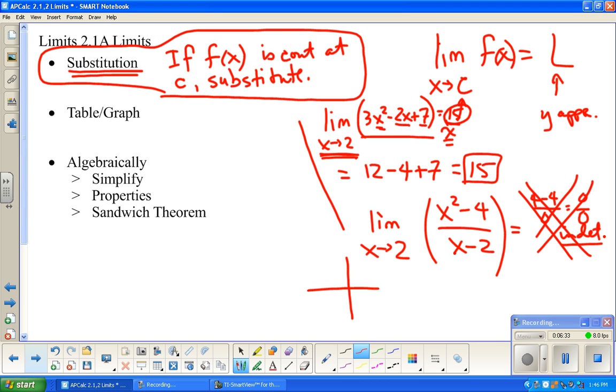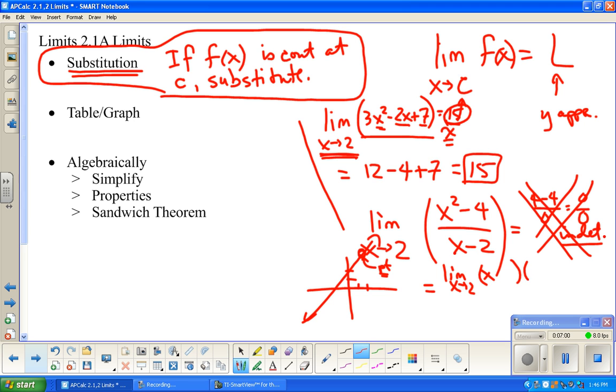If you do a little graph in your calculator, you're going to find that this graph looks like this, and there's actually a point missing here. There's a hole. So with that in mind, sometimes you have to do a little bit of algebra first. I'm kind of jumping ahead of myself, but this is just the flow of how it came out. We're still doing the limit as x approaches 2.